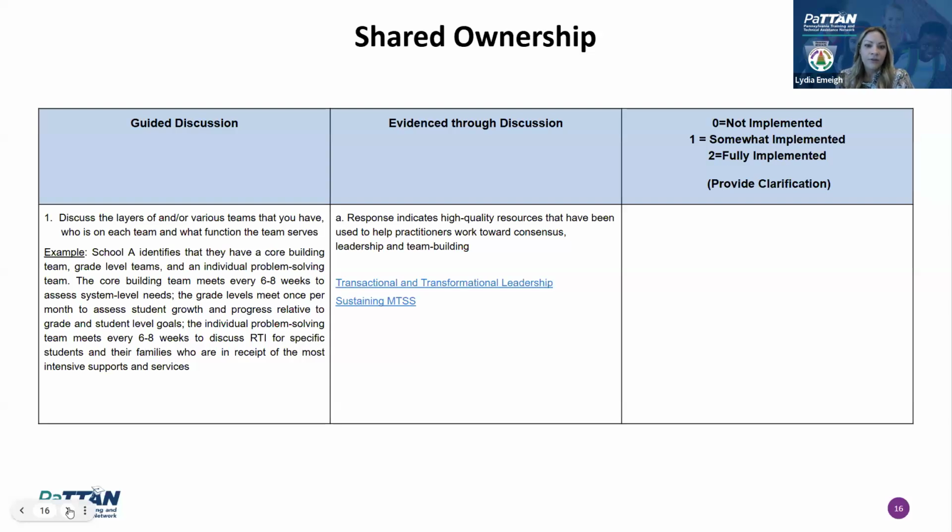When addressing the first item in this section, the LEA team will review the various layers of teaming established to support a high-quality framework across all tiers.